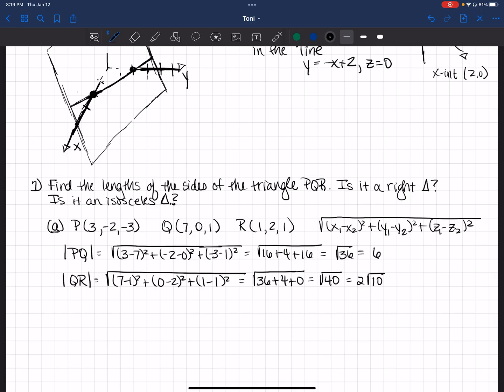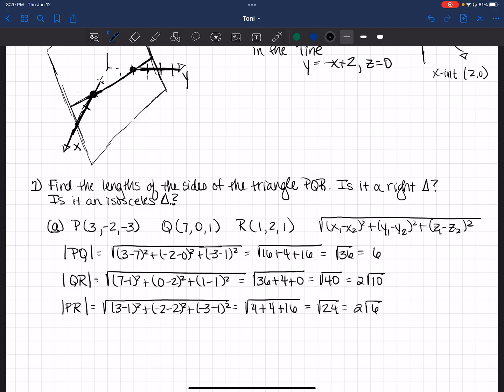Okay, and then we're going to do R to P, or the distance of PR, and that's going to give me the square root of 3 minus 1 squared plus -2 minus 2 squared plus -3 minus 1 squared, and that's going to give me 2 squared is 4 plus -2 squared is 4 plus -4 squared is 16, which then gives me the square root of 24, which winds up being 4 times 6, so 2 square roots of 6.